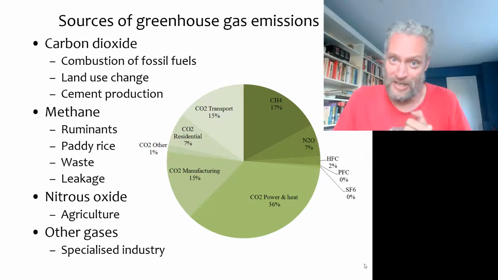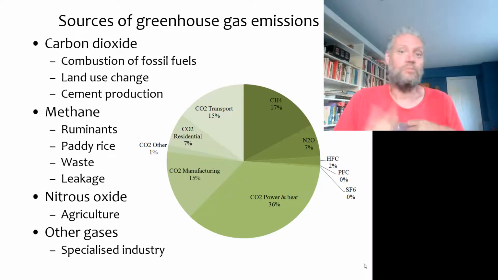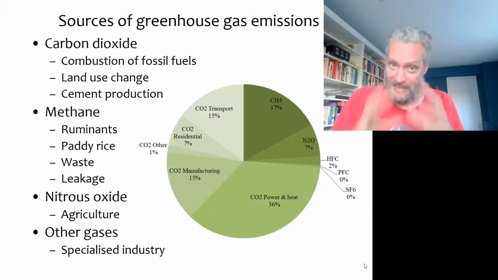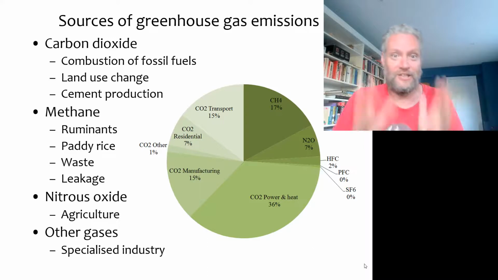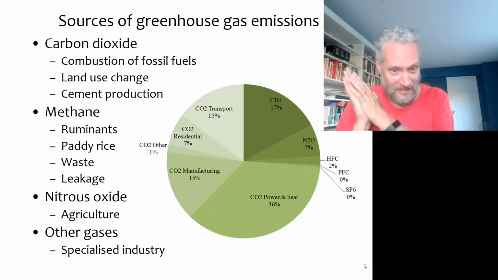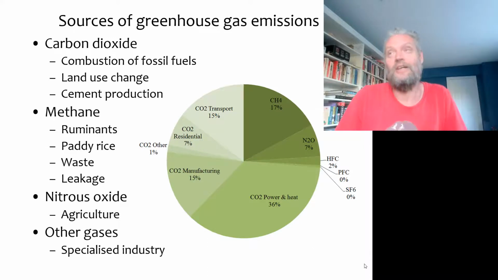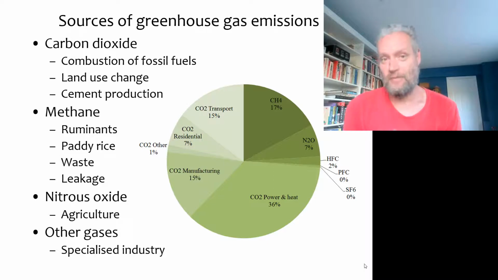They form CH4, and then the cow burps that out. Again, this is intrinsic to the transformation of grass into milk and meat. You need to get rid of the hydrogen somehow.